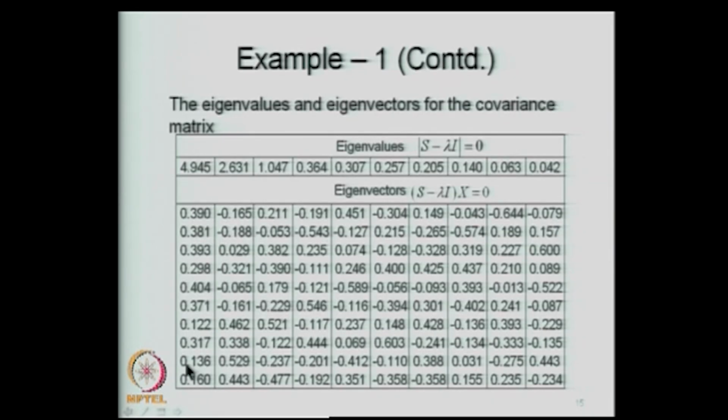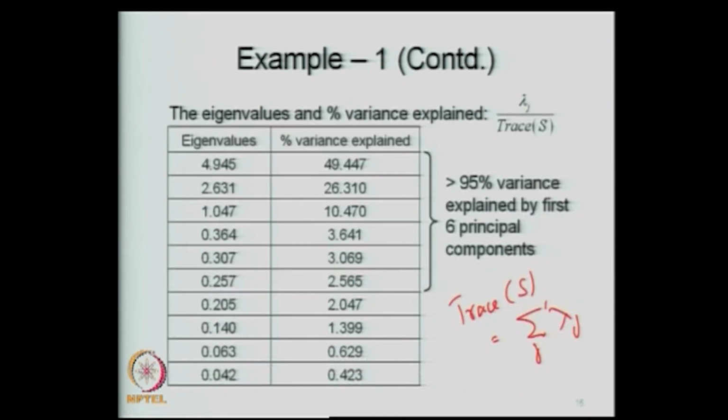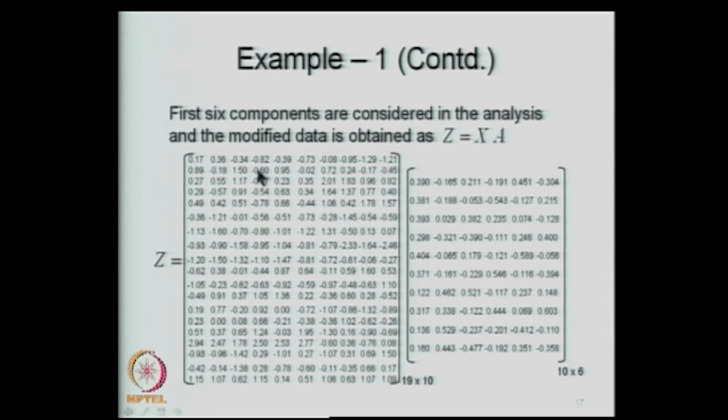Remember, the eigenvector matrix has dimension p by p, which is 10 by 10. Out of that we are taking up to 6, therefore, we are taking a 10 by 6 matrix from this, and then using the regression relationship. And this is your original X value.